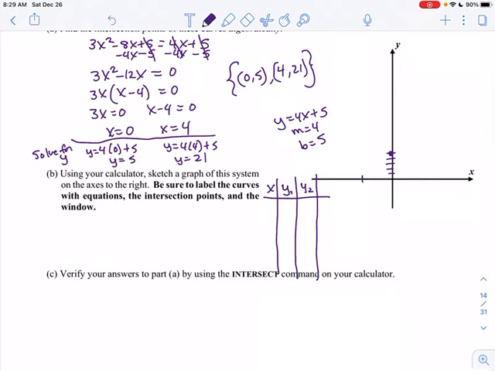But if you look at it on your graphing calculator, maybe I'm going to do the parabola first. So I'm going to copy down my table. So I just did -1, 0, 1, 2, 3, just to get a sketch right here. And the answers were 16, 5, 0, 1, and 8. And this was 1, 5, 9, 13, and 17.